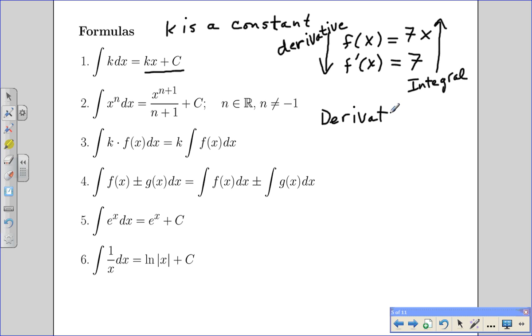So we have the derivative of x to the n. Our rule was: 1. Multiply by the exponent, and then subtract 1 from the exponent.